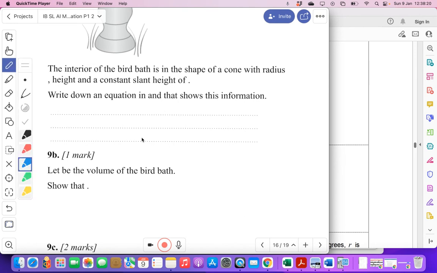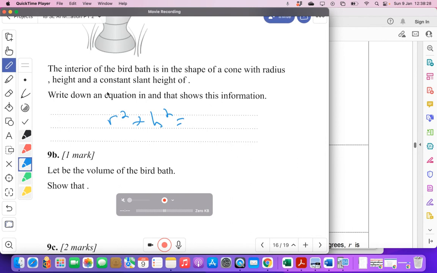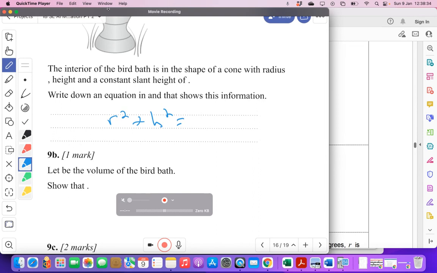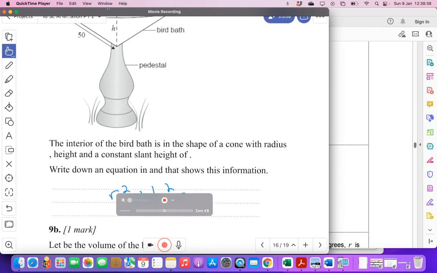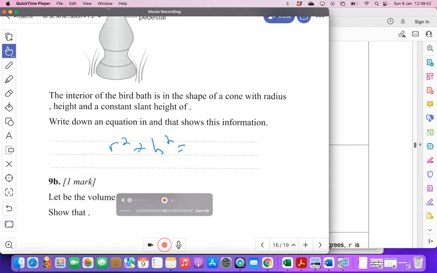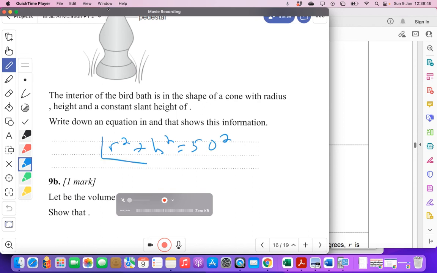So again, it's just going to be Pythagoras: r squared plus h squared equals the constant slant height, which I thought was in our diagram, 50 squared. Okay, so that is our Pythagoras.